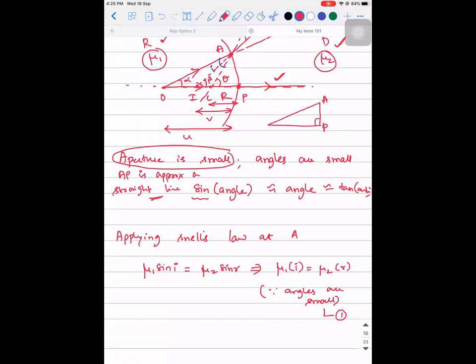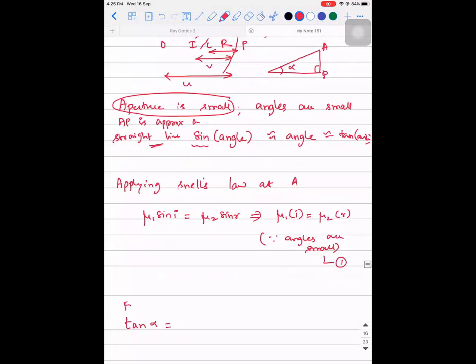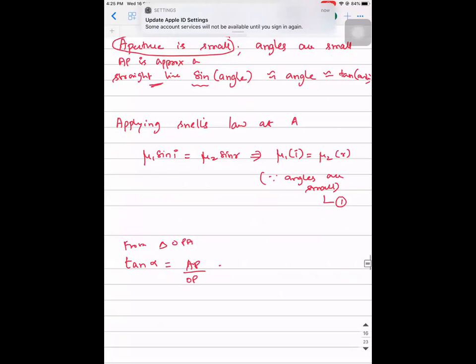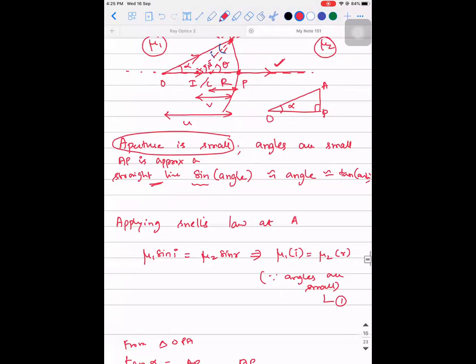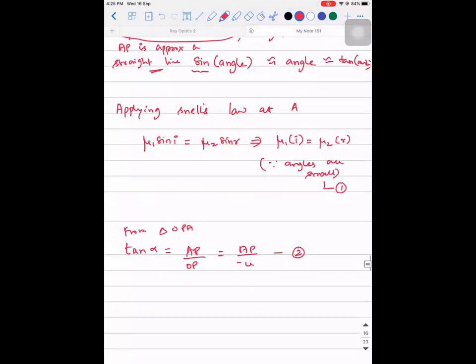Ensure that your right angle is at the center. This will be alpha. So from triangle OPA, what is tan alpha? AP divided by OP. AP by OP is minus u. Why am I writing minus? Sign convention. Minus u. Let this be 2.